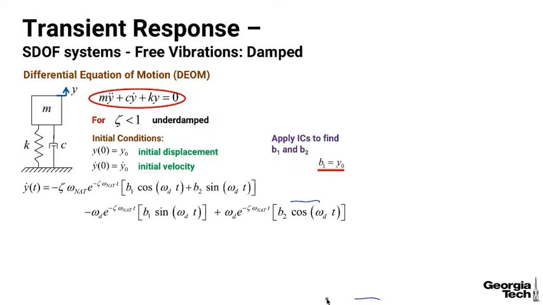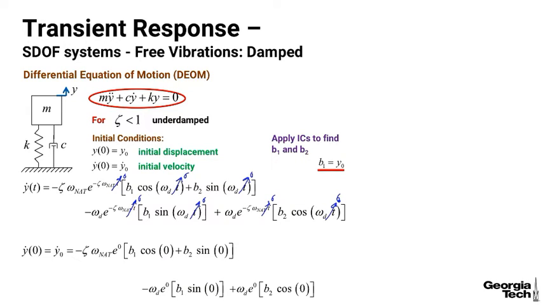Now that we have that, that's the general function for the velocity y dot. Now I can put in the initial condition where time equals 0. So this is going to go to 0, t goes to 0 here, 0 here. And so what I end up with is e to the minus zeta omega natural times e to the 0, where e to the 0 is equal to 1.